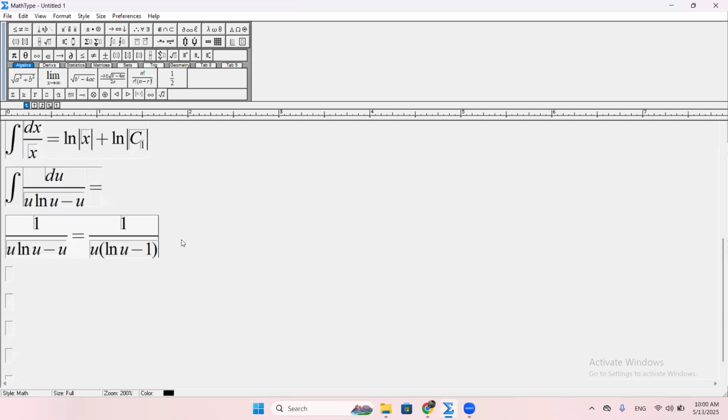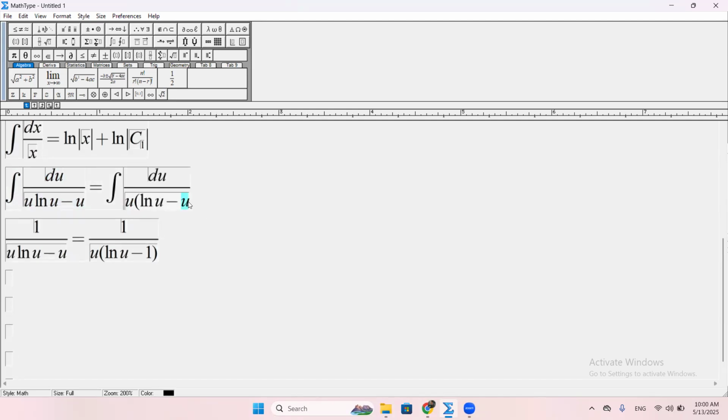I will move u out of brackets, and then I will receive a simplified variant. So now it's quite obvious: logarithm of this expression actually equals du by u.